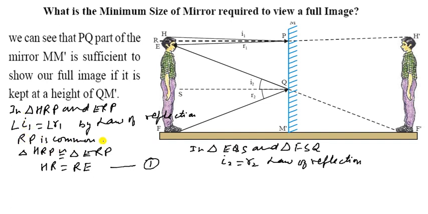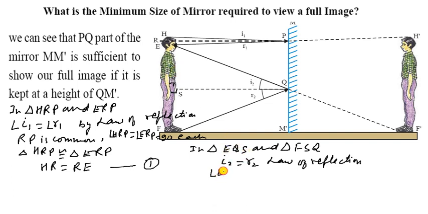Now you can see this angle is 90 degrees. Only two things are equal, so you can write the third also. Angle HRP is equal to angle ERP, and both are 90 degrees.